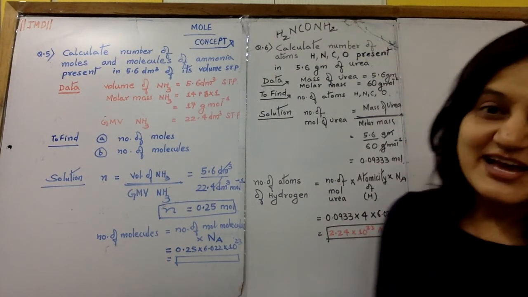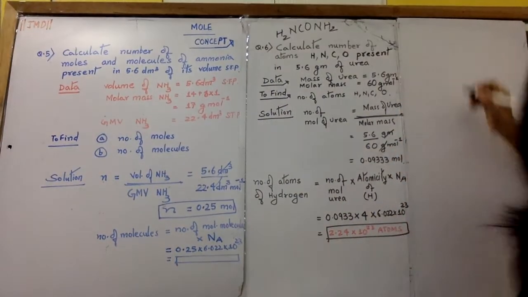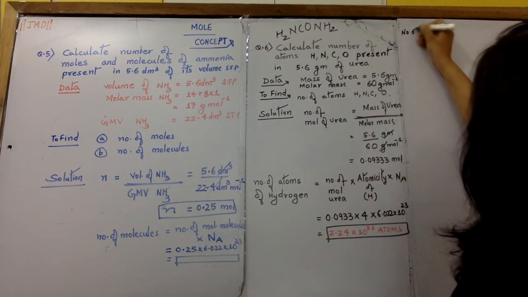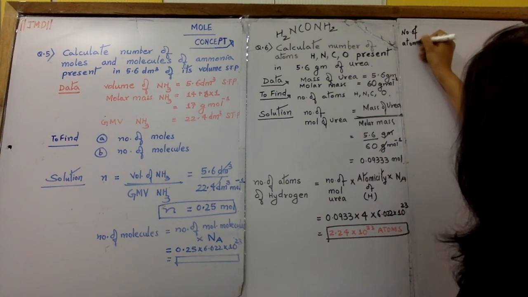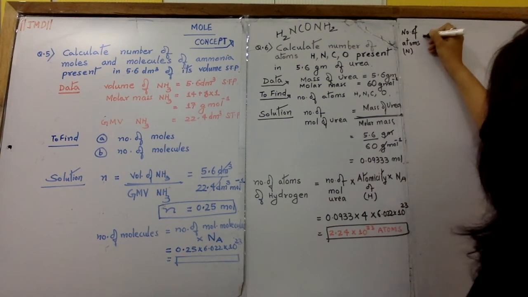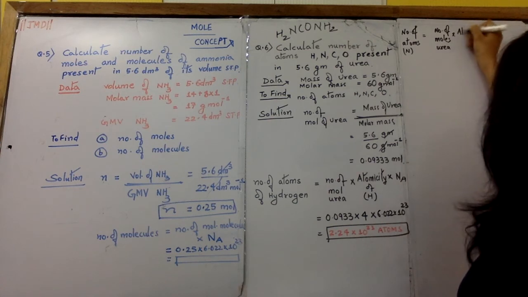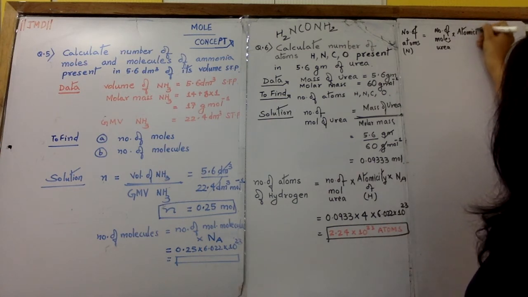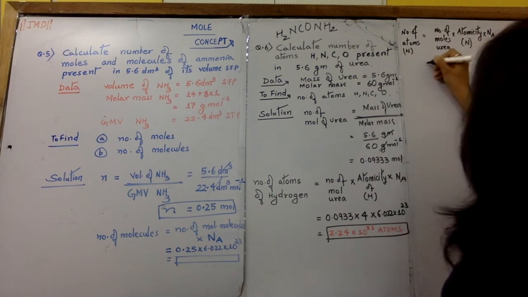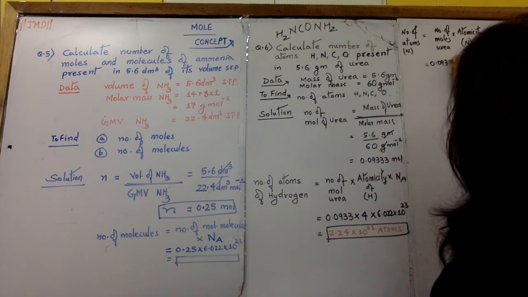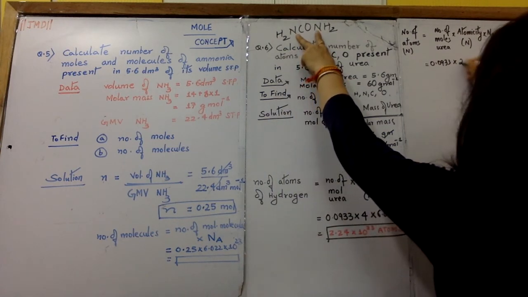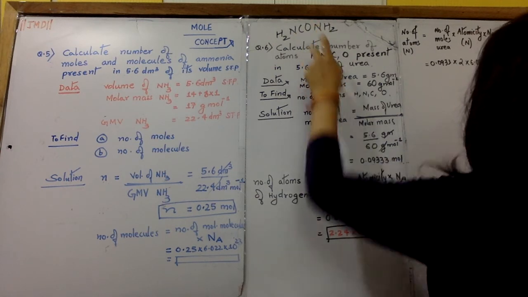Exactly the same way, number of atoms of nitrogen. How? The number of atoms of nitrogen will be the number of moles of urea into the atomicity of, obviously, nitrogen into Avogadro's number. Urea moles will not change. 0.0933 into how many atoms of nitrogen, 2, into 6.02 into 10 raised to 23.